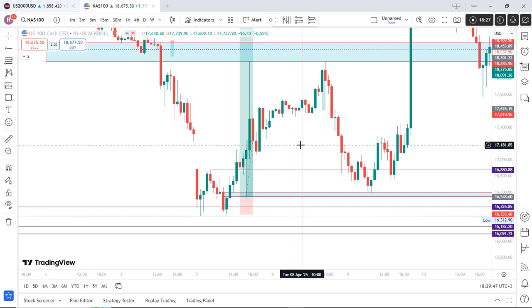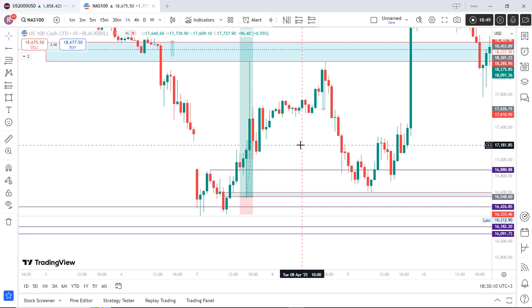Meaning that Nasdaq, ES, and US 30 or Dow Jones were moving in the same terms, and US 2000, that is Russell, did something that they did not do.